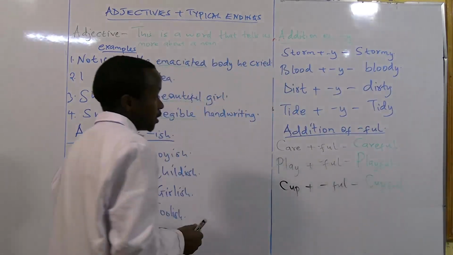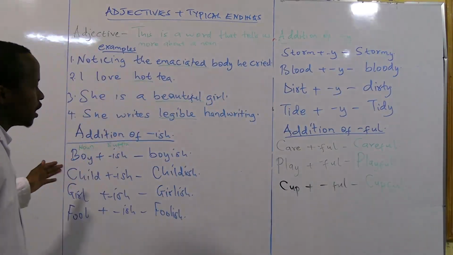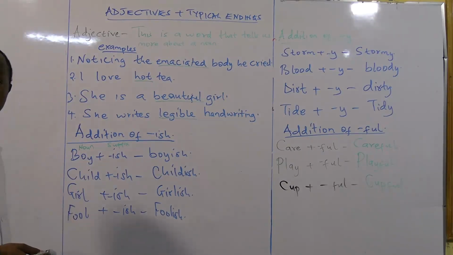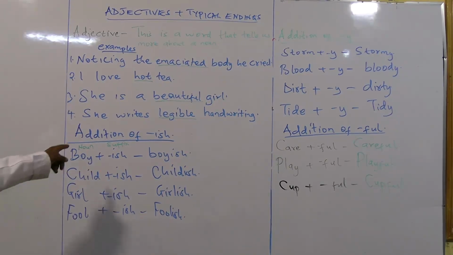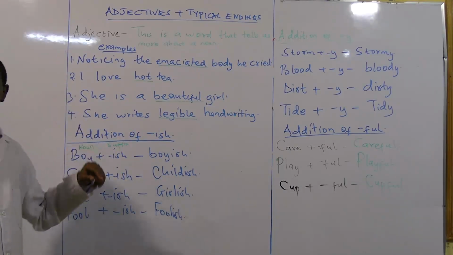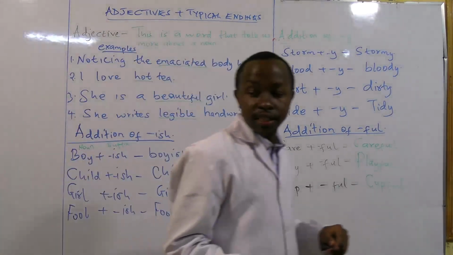As you can see, remember we are trying to look at the typical endings of adjectives. The first three that we've handled: ish, ye, and full, so that is cupful.